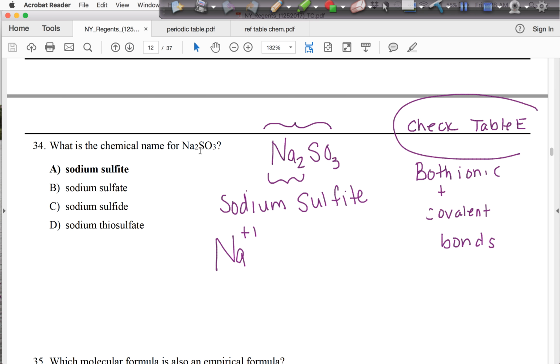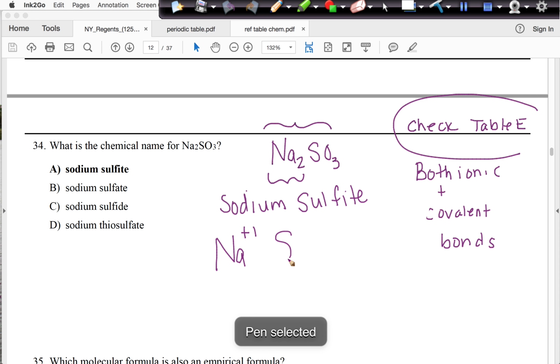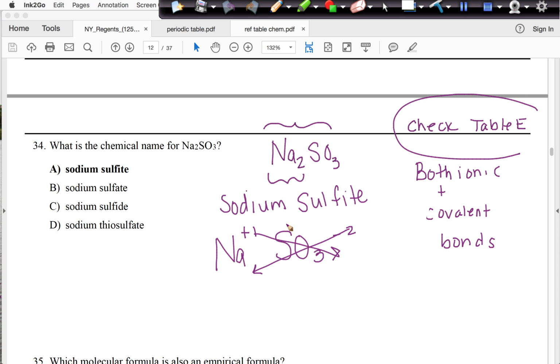So if we put in the Na with a +1 and the SO3 with a -2 charge, and we crisscross and drop the signs, we get Na2SO3 for sodium sulfite.